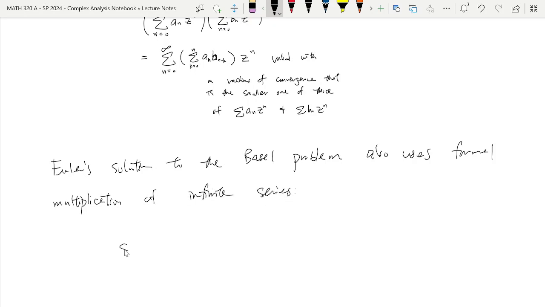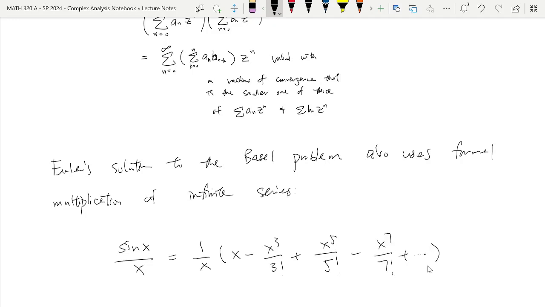So look at this, the function sine x over x. What we have just learned by shifting, you get this: x minus x cubed over 3 factorial plus x to the power 5 over 5 factorial, and so on. Okay?